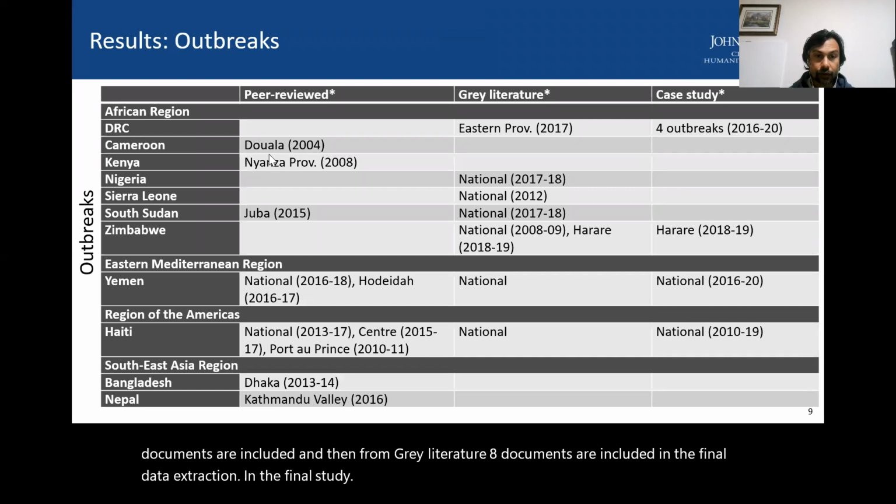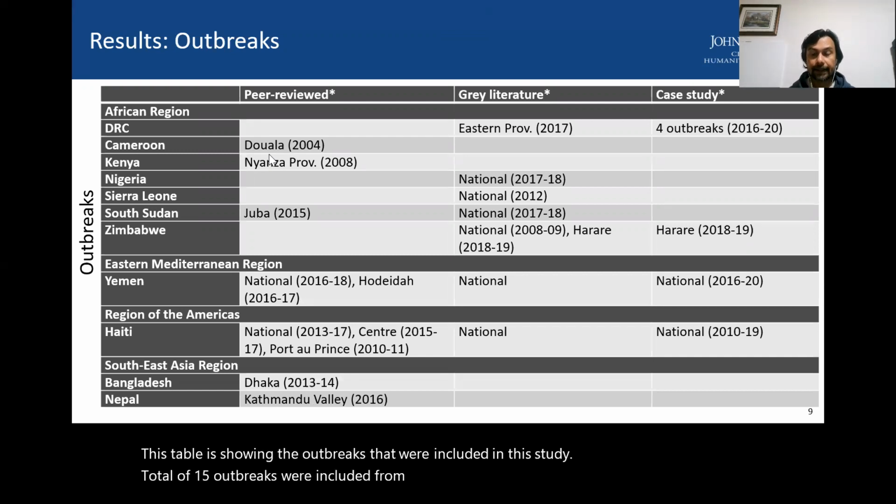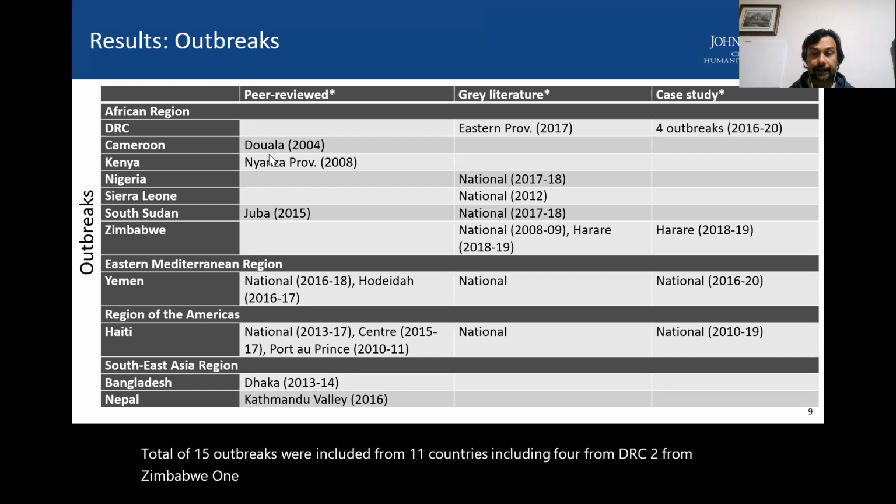This table is showing the outbreaks that were included in this study. A total of 15 outbreaks were included from 11 countries, including 4 from DRC, 2 from Zimbabwe, and 1 from each of Cameroon, Kenya, Nigeria, Sierra Leone, South Sudan, Yemen, Haiti, Bangladesh, and Nepal.